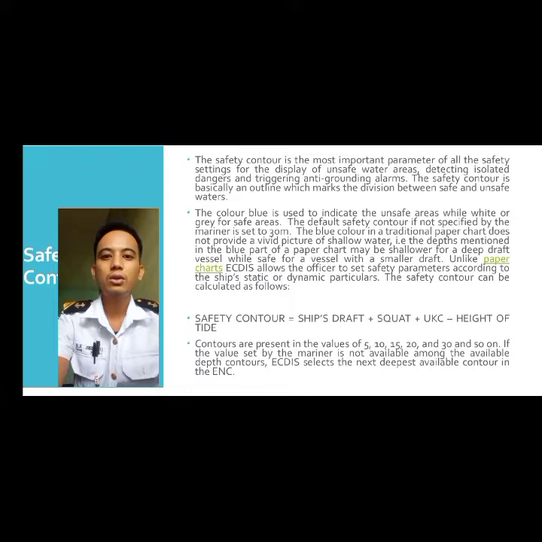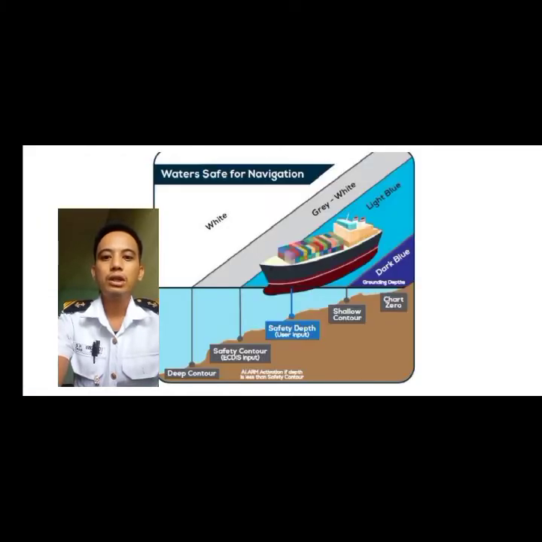The safety contour is basically an outline which marks the division between safe and unsafe waters. The color blue, as you can see in the picture, is used to indicate the unsafe areas, while white or gray are for safe areas. The default safety contour, if not specified by the mariner, is set to 30 meters.